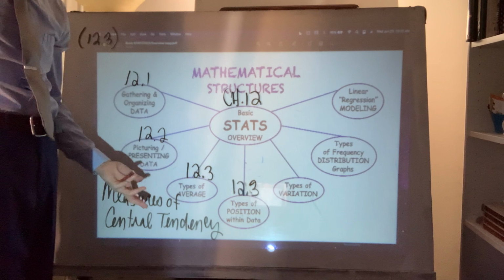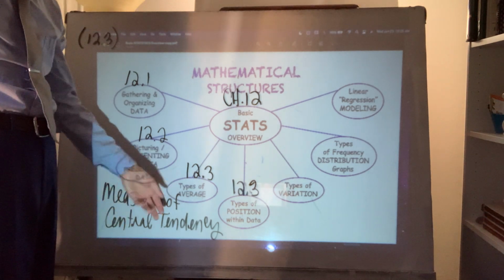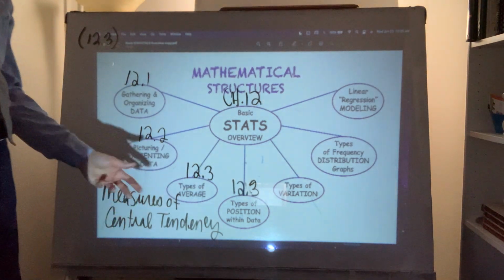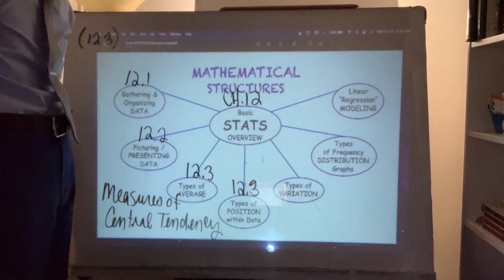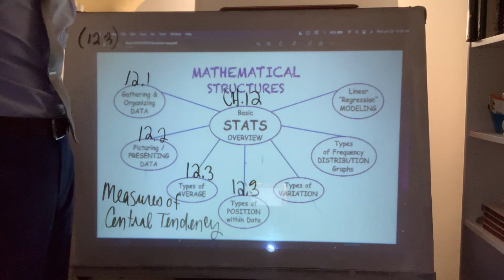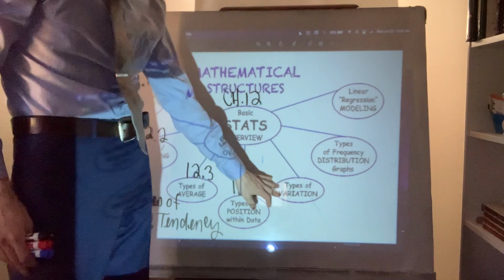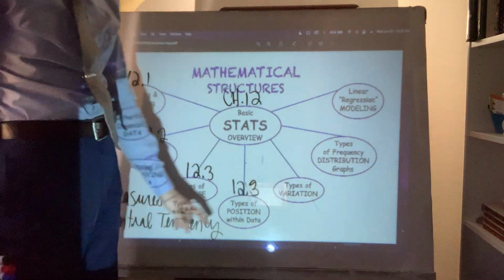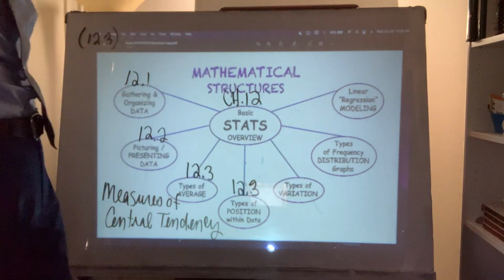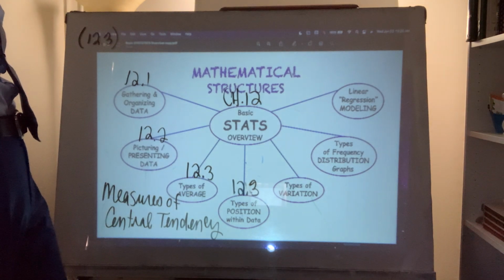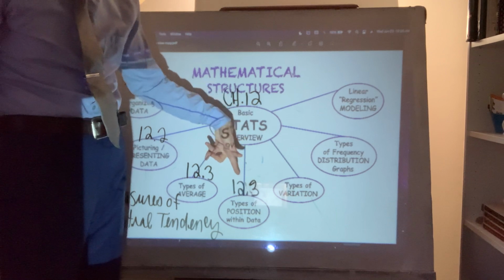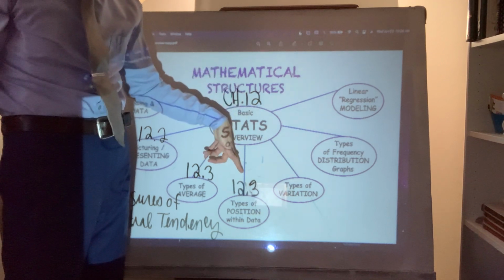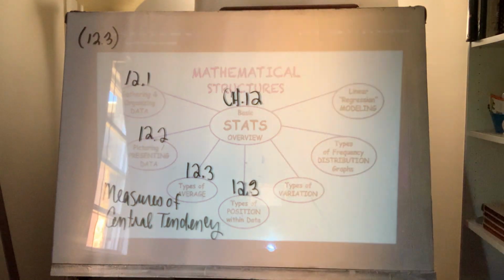Measures as in something that is measured, central as in middle, and tendency as in the tendency of something to be as such. When we get into types of variation, there's an alternative phrase for this as well, types of dispersion, but variation is sufficient as well. Anyhow, we're going to be covering these two parts today.